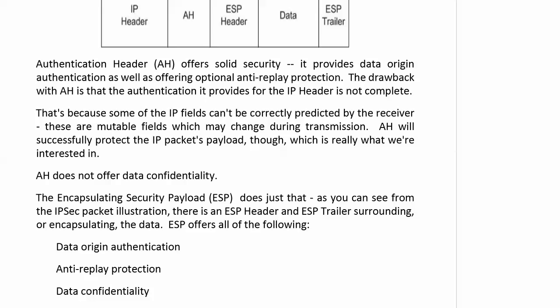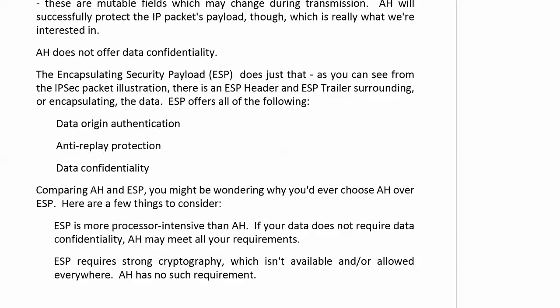Well, you probably already guessed what those problems might be, and one of them is that it's more processor intensive, ESP. It's much more processor intensive than AH. If you don't need data confidentiality, don't pay for it with a hit to your CPU. AH may meet all your requirements.